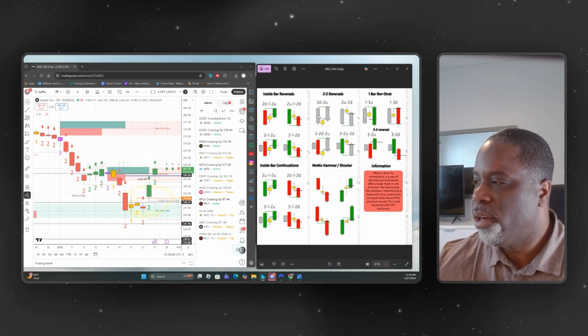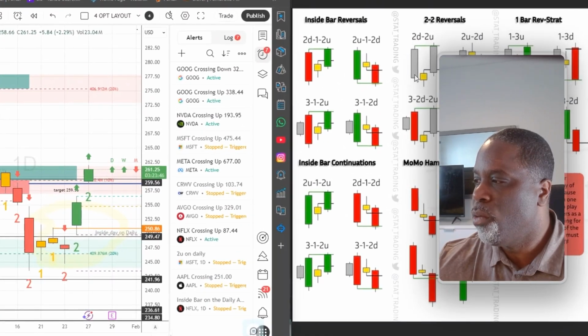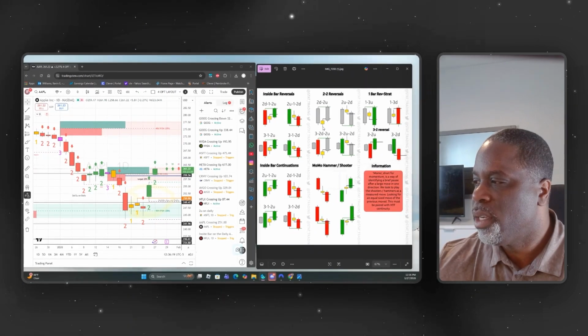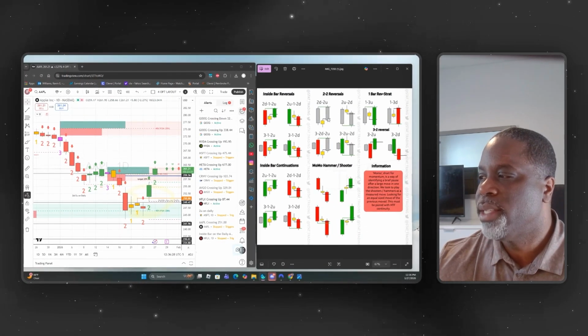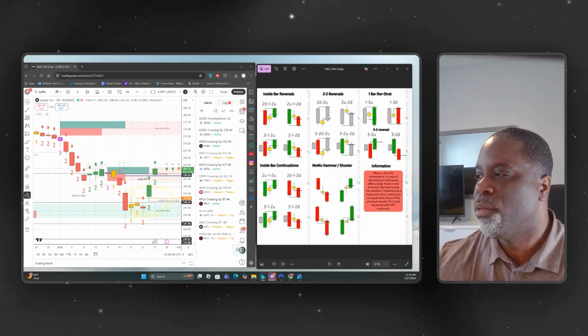Whether it's a 3 candle, 2 candle, or 1 candle, once the candle in the middle breaks below the first candle, comes down, and then comes all the way up and closes within the range, you're going to take the break of the next candle, targeting the previous candle's high. So that's called a 2 down, 2 up reversal method.